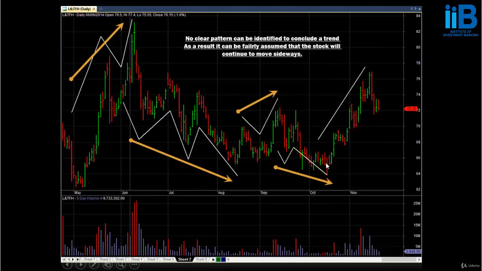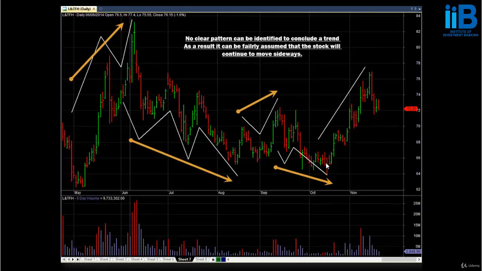Thus, no clear price structure can be identified out of this set of data, telling you that this stock has no clear trend or no clear tradable trend.